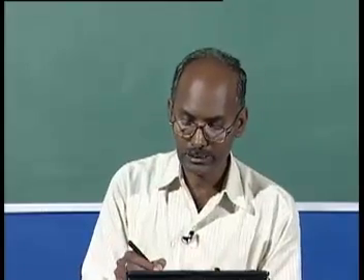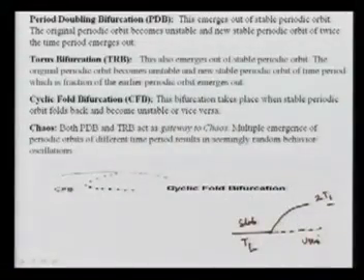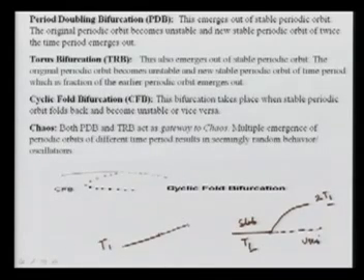As I said, here the period is T1, now it becomes 2T1 and it becomes unstable. But in the torus, if it is T1 and stable, then this becomes unstable, and the stable one here is a fraction of T1, let's suppose T1 over some factor n, and we have another time period. So it is called the torus bifurcation.